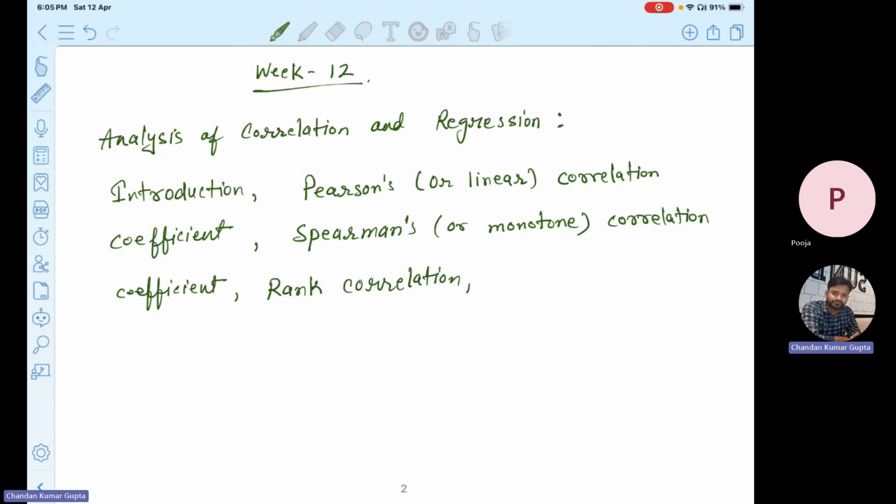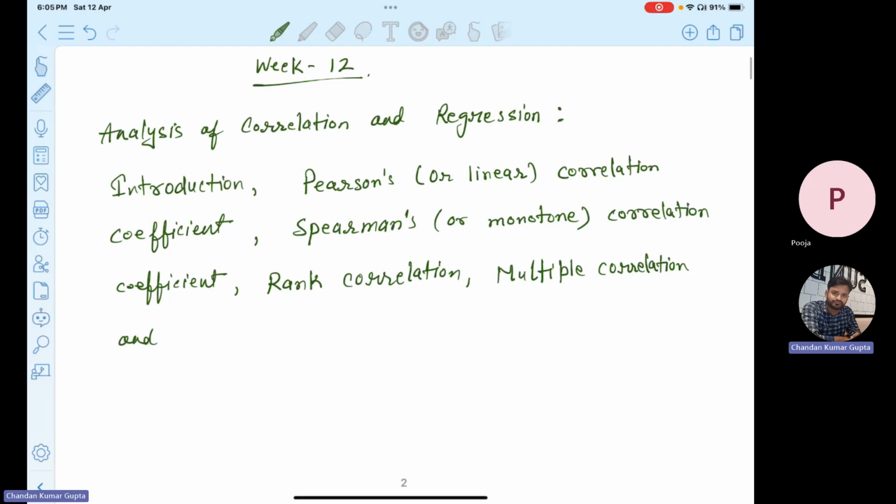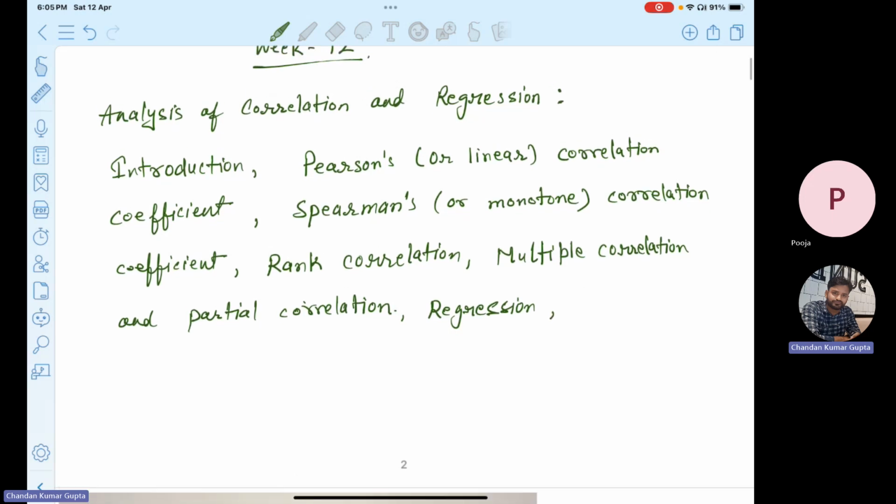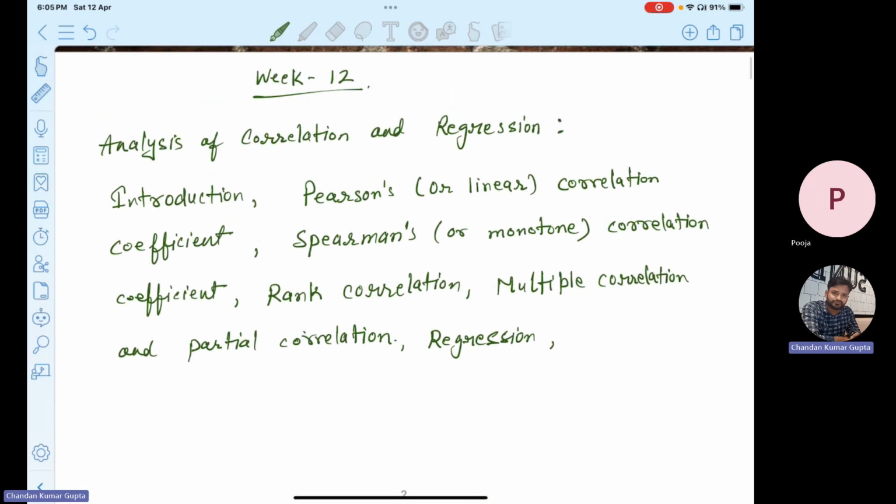And then we will discuss multiple correlation and partial correlation. Then we will discuss regression analysis, and at last, we will discuss logistic regression.